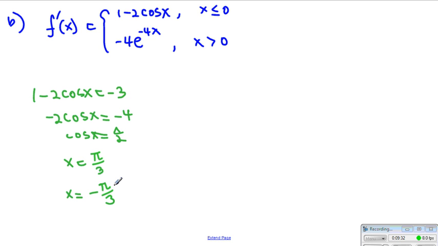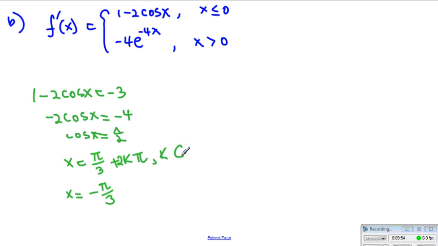After that, we'll continually add to this value 2k pi, where k is an integer, because every 2 pi it will repeat the same thing.